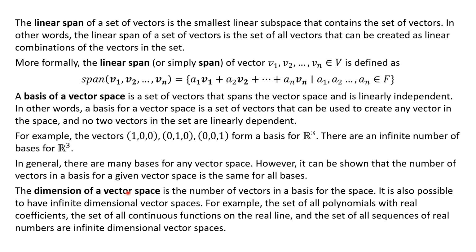The dimension of a vector space is the number of vectors in a basis for the space. It is also possible to have infinite dimensional vector spaces. For example, the set of all polynomials with real coefficients, the set of all continuous functions on the real line, and the set of all sequences of real numbers are infinite dimensional vector spaces.